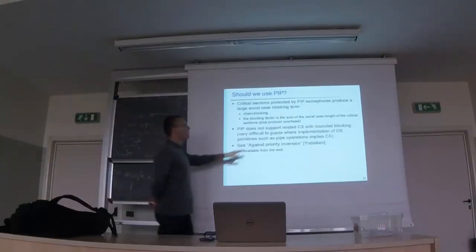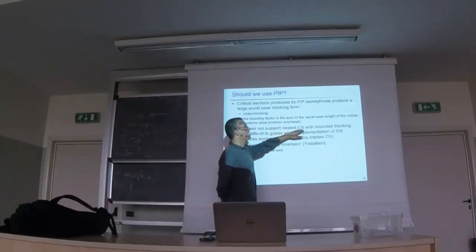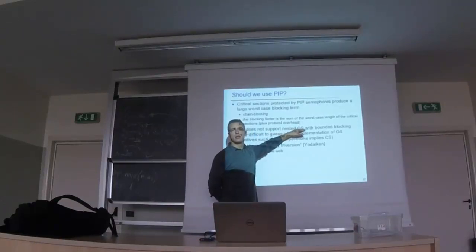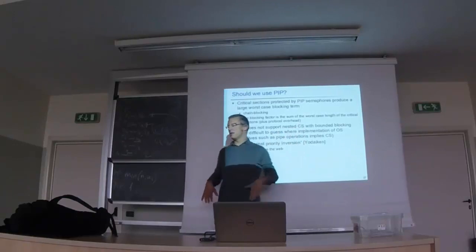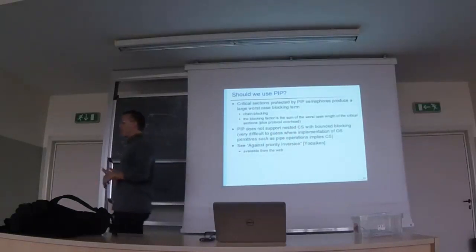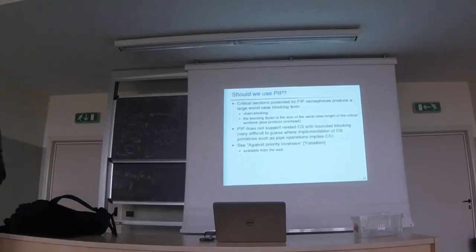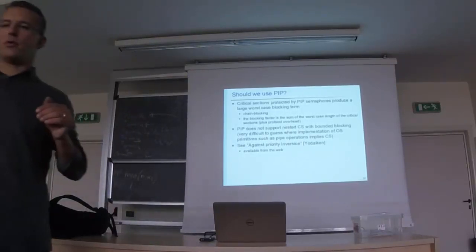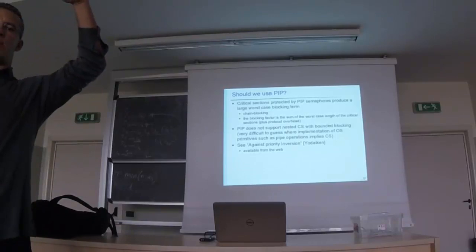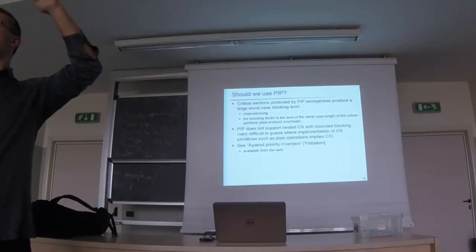Even if you don't explicitly have nested critical sections in your code, it may happen because you use some blocking primitives inside a critical section. So I told you, either you do like semaphore A wait, semaphore B wait, and this is a nested critical section.